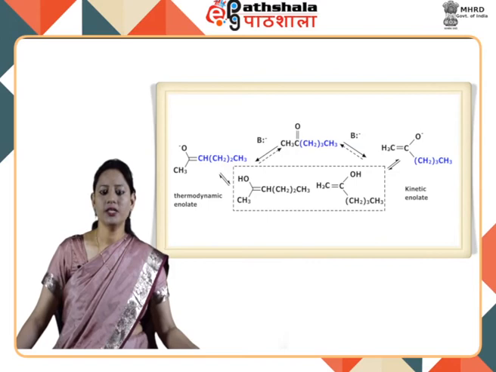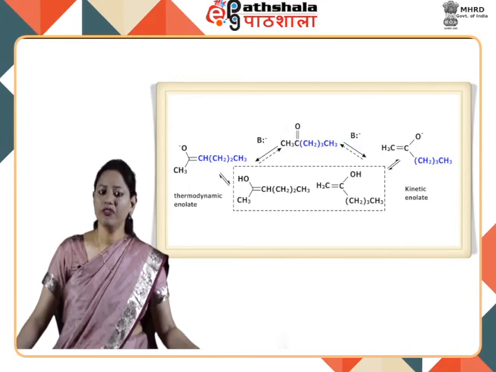In 2-hexanone, the alpha hydrogens of the methyl group are less sterically hindered than the alpha hydrogens of the butyl group. Thus, removal of a proton from the methyl group is faster than removal of a proton from the butyl group. In the presence of a strong base, the enolate will not be converted back to the ketone, as the enolate is a weak base to regain the proton.